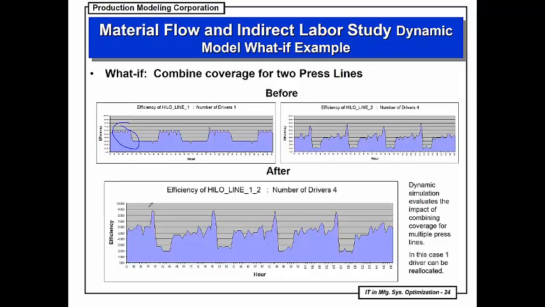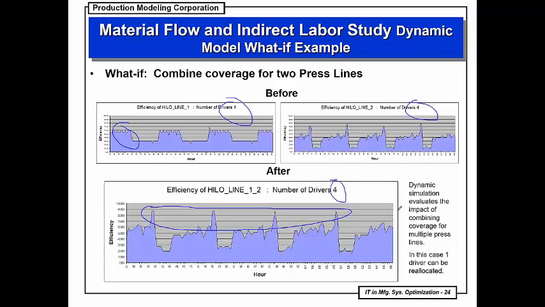There were still some peaks happening, but we could combine one operator from one line with the operators of another line, and basically eliminate one operator there. So from 5 operators, we came down to 4.